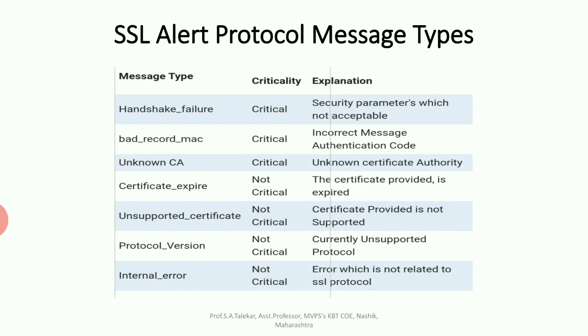So the message type is handshake failure, the level is critical, and the security parameters are not acceptable. Bad record MAC, critical: incorrect message authentication code. Then unknown CA, that is unknown certification authority, is critical.